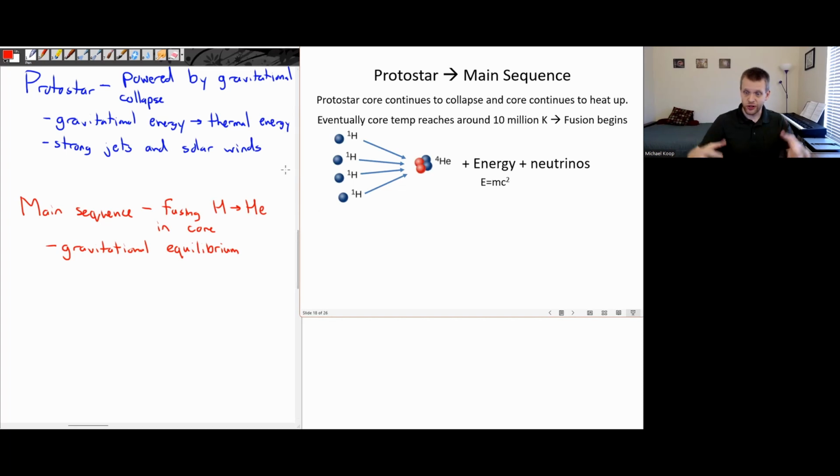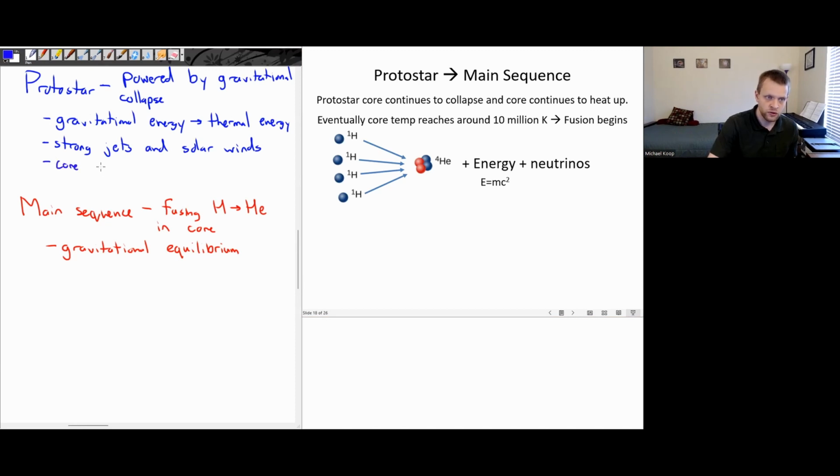Well, in this protostar, we've got a lot of material that's continuing to collapse under gravity, continuing to heat up, and in the core of that object, we're eventually going to get the conditions to actually go through this fusion reaction. So eventually, the conditions in this protostar are going to allow hydrogen fusion to occur.